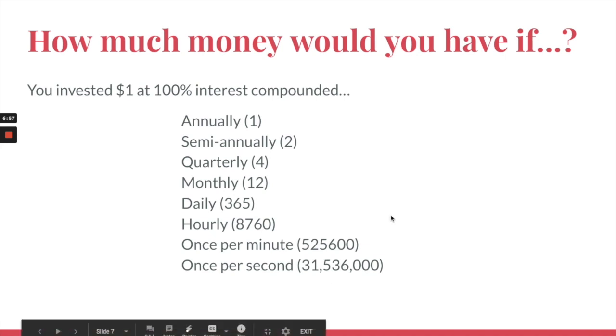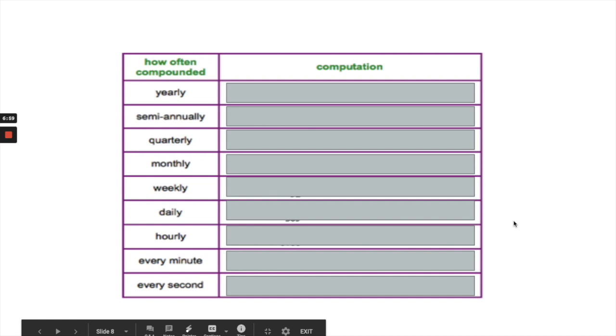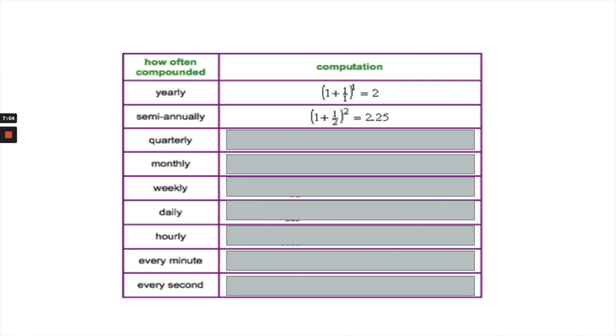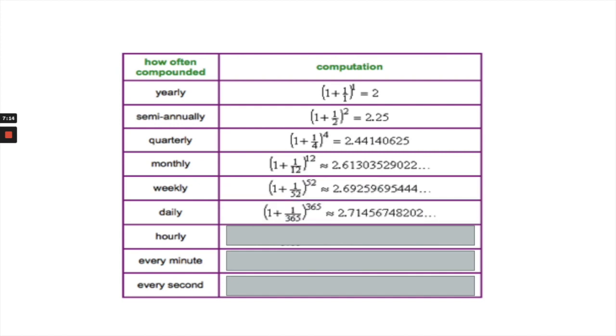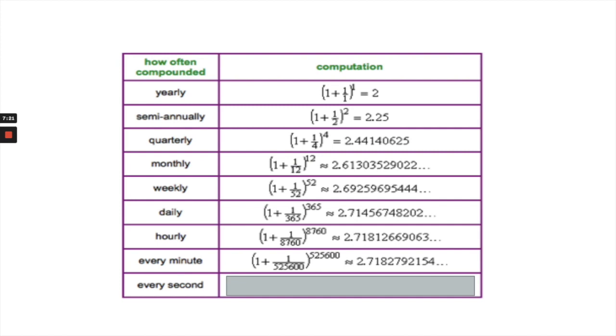But the reality is, when we look at the actual computations, my amounts aren't changing as much as I thought that they would. I mean, now we're down to like pennies difference. And then the more often that we compound that, it's not really changing at all.